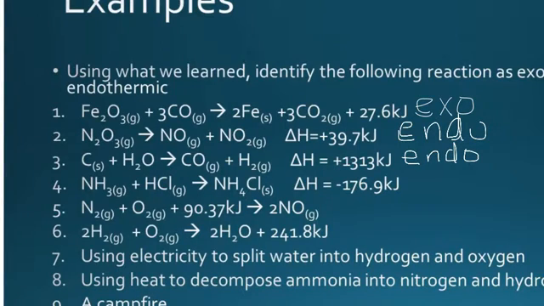Reaction number 4 has a negative delta H, so it means it's losing heat into your hand, so you can feel it, it's exiting the system, so it's exothermic. Number 5 has energy as a reactant, so that means it's entering the system, so that's endothermic.